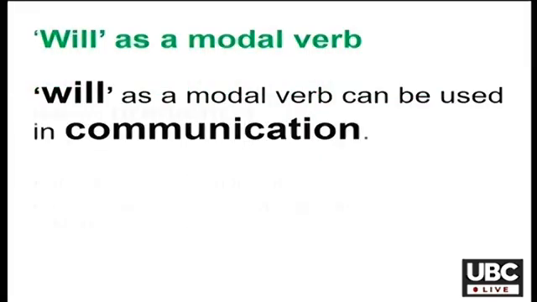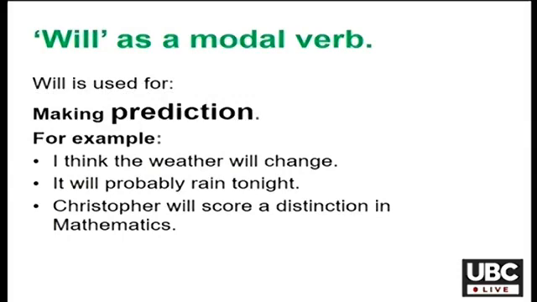Will is used for making predictions. For example, I think the weather will change. In this particular case, we expect the weather to change. We are not sure about that, but at least we have some hope that the weather will change.